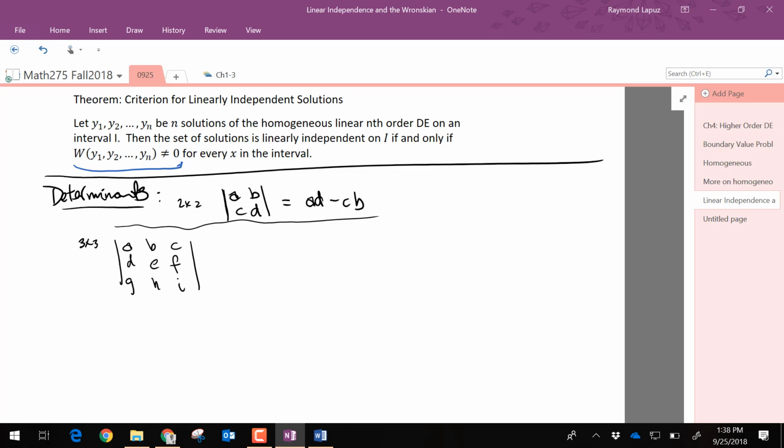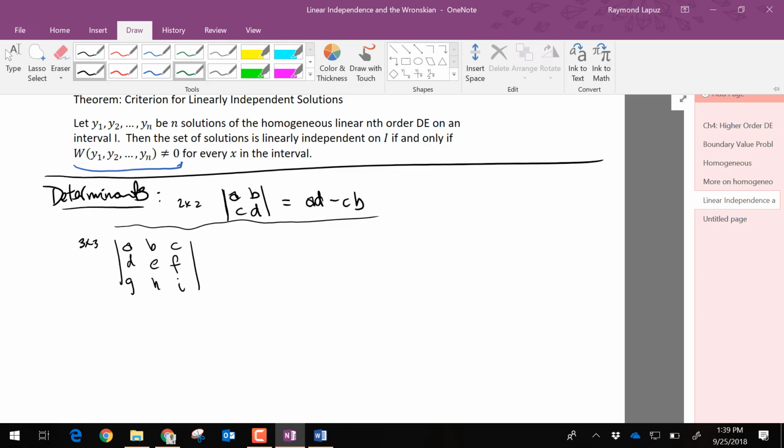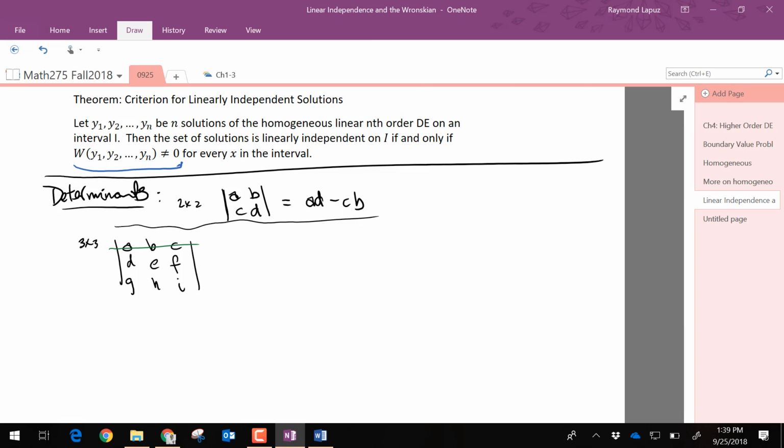And so here's an example of expanding on a row. So we're going across the row. It's going to be the first number here, A, times the determinant of the 2 by 2 matrix after you cross out the row and column that contains A. So I cross out the row and column that contains A, and I have a small subset left, E, F, H, I. And so that's the determinant of that 2 by 2 matrix, which you can find.